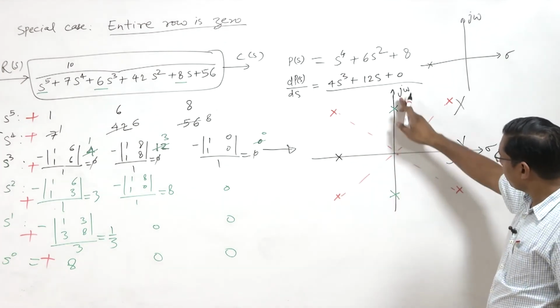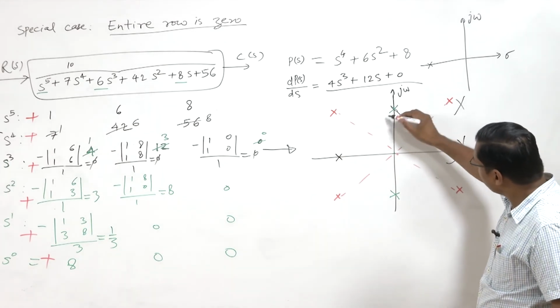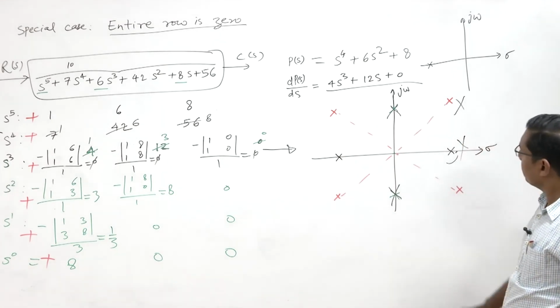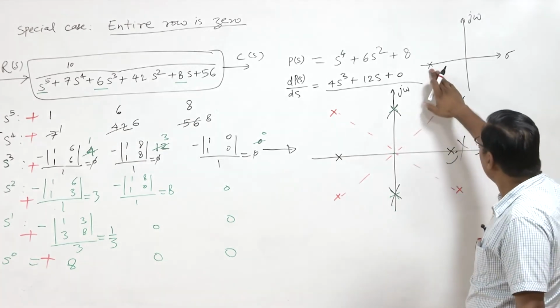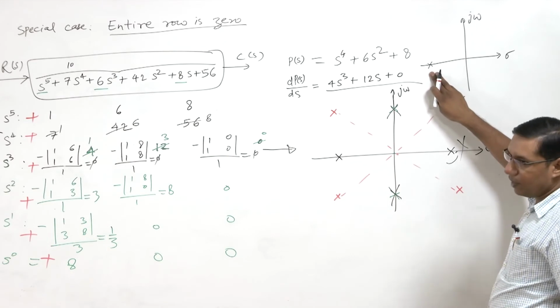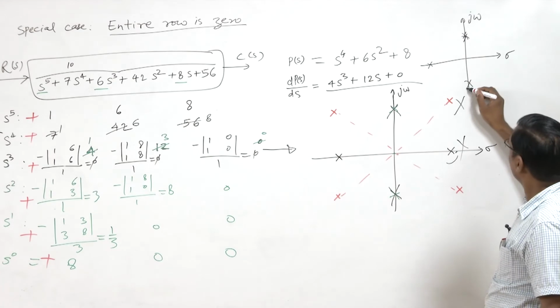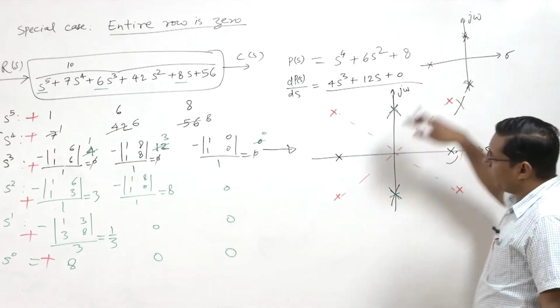Then only this option is possible, that all these 4 roots are on the j omega axis. So one root is on the left half plane and the other 4 are on the j omega axis.